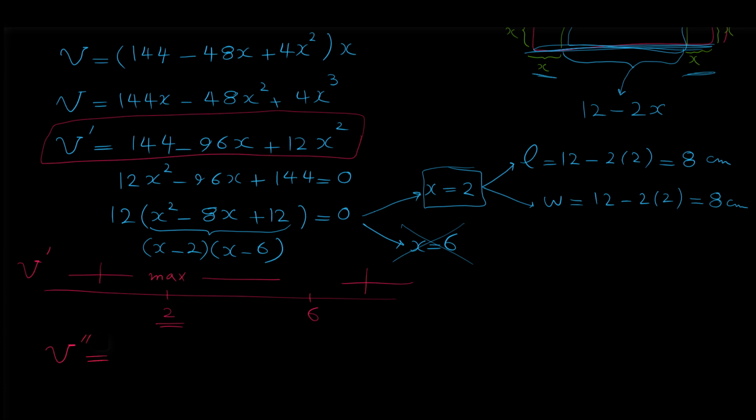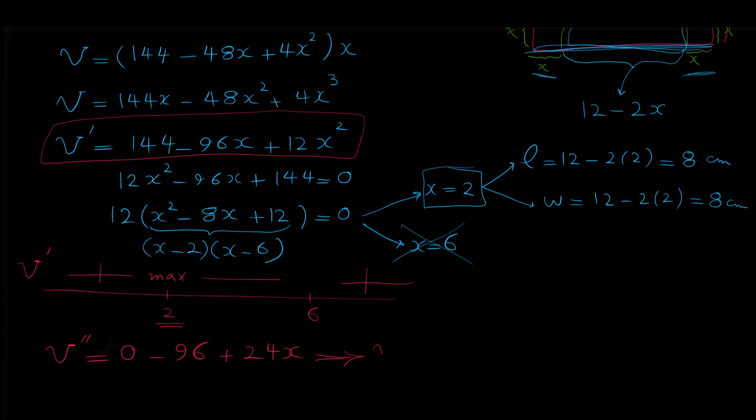V double prime is 0 (derivative of 144), minus derivative of 96x, which is 96, and derivative of 12x^2 is 24x.